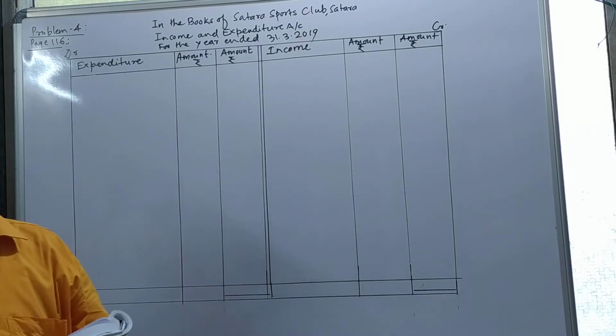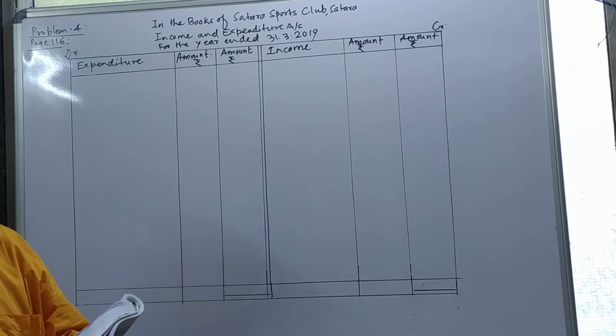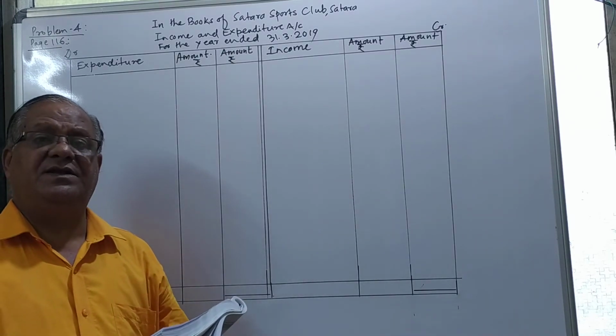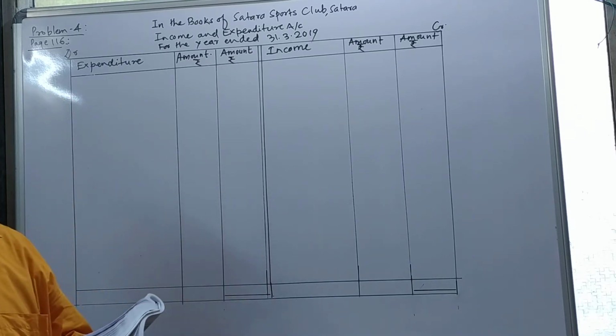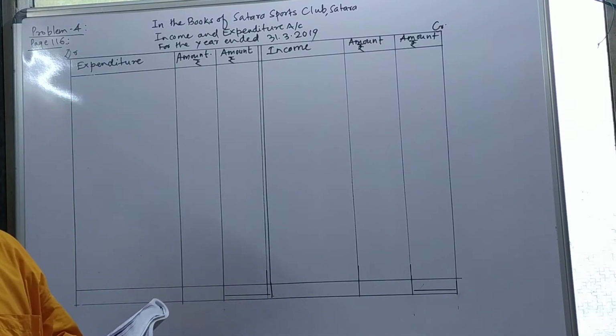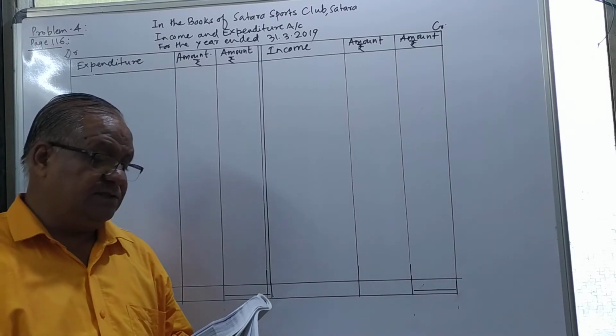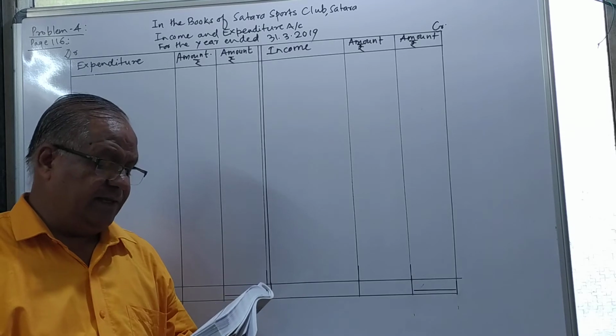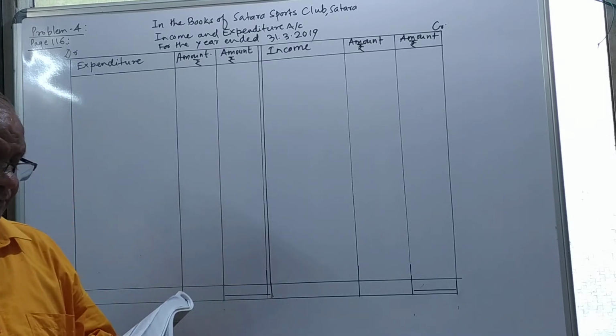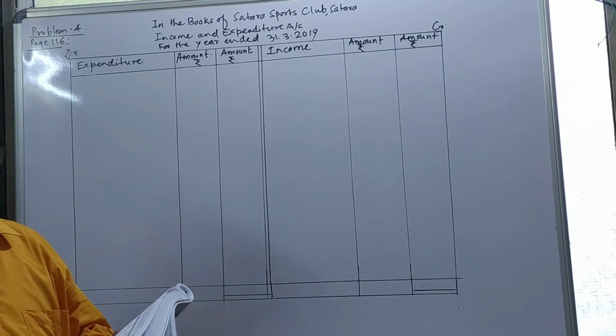What is the meaning of surplus or deficit? Surplus means excess of income over expenditure. When the credit side of the income and expenditure account is heavier, we get a surplus, and when the debit side is heavier, we get a deficit. Deficit means excess of expenditure over income.